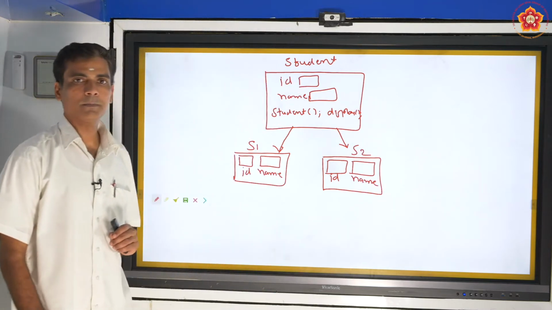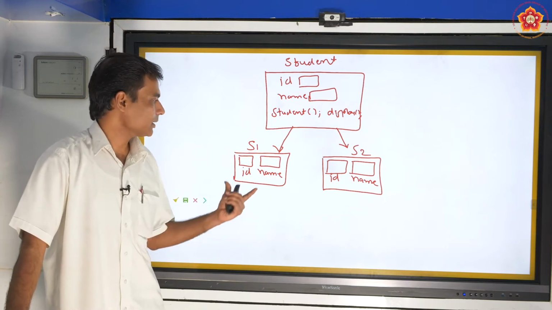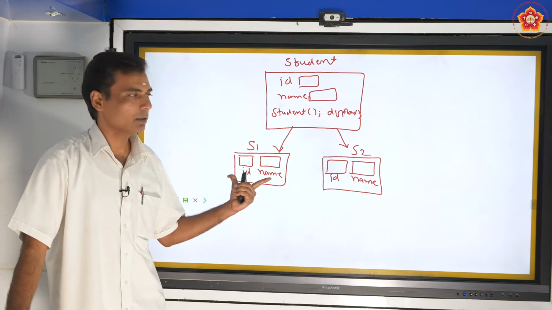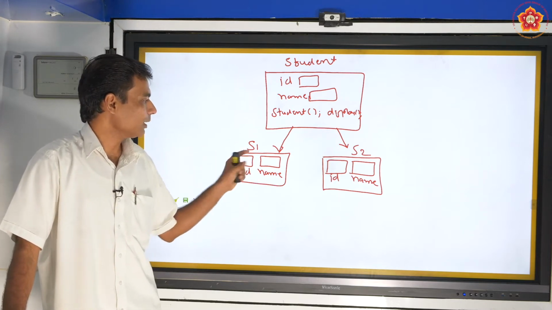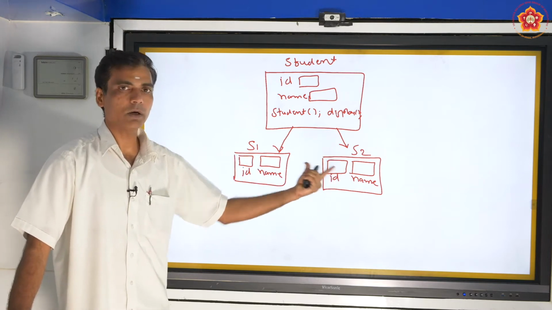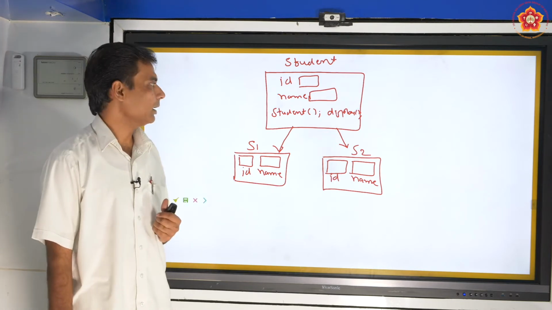The compiler allocates a space for object S1 and space for object S2, and both will have their own copies of data members, ID and name.